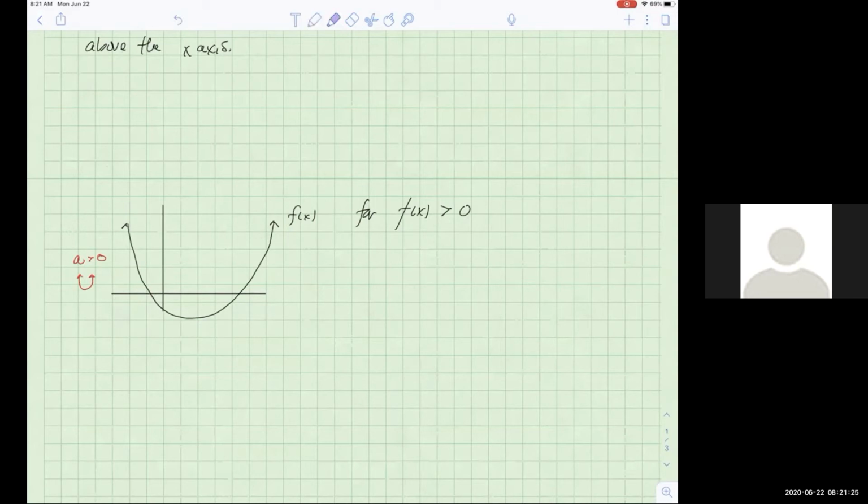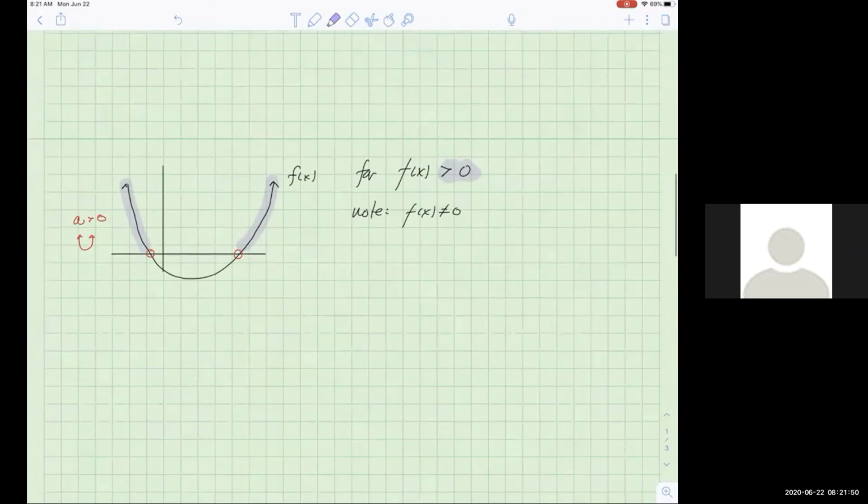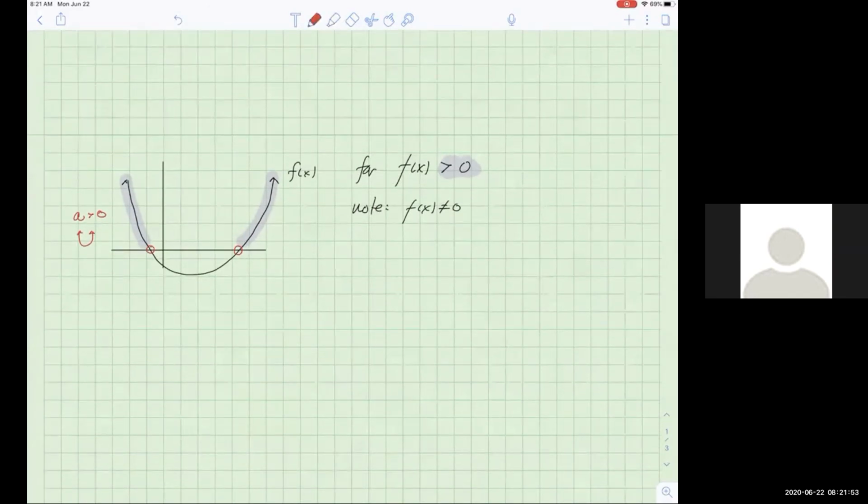So in this particular case, because we want it greater than 0, we note f of x is not equal to 0. So we do not want to include the x-intercepts, but we still want it greater than 0. So we're still going to include the values of x for which the curve is above the axis, but not the zeros themselves. And so we would be talking about another broken interval, but this particular broken interval would not include the zeros themselves.